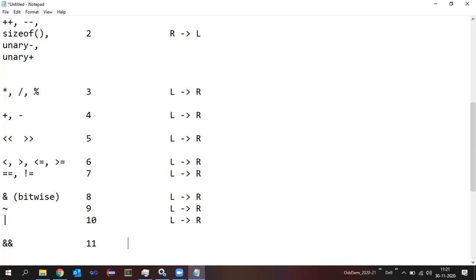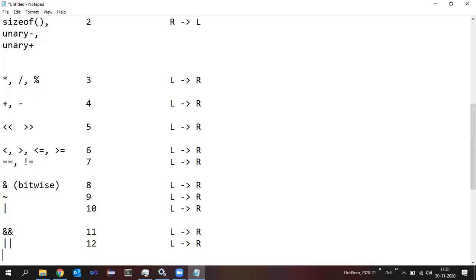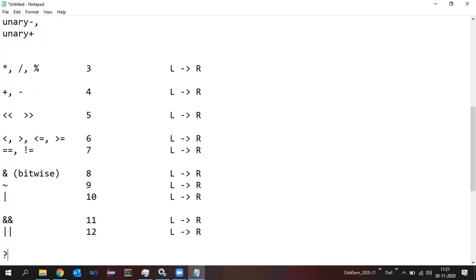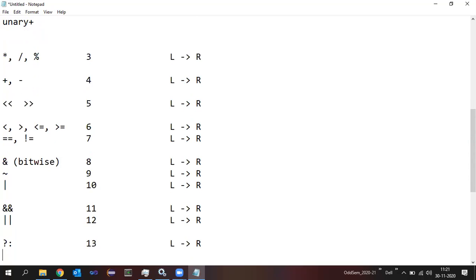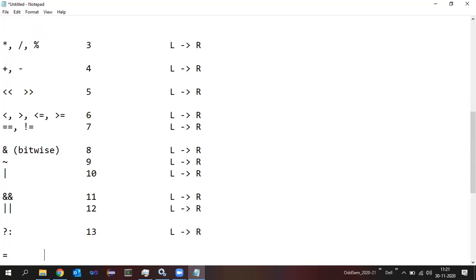And then we have the ternary operator, priority 13, left to right. And the last one is the assignment operator, that is the 14th one.